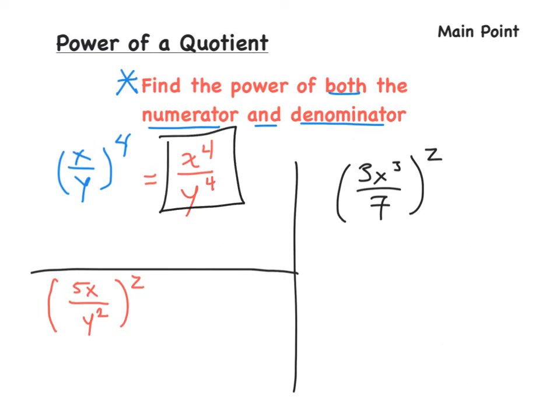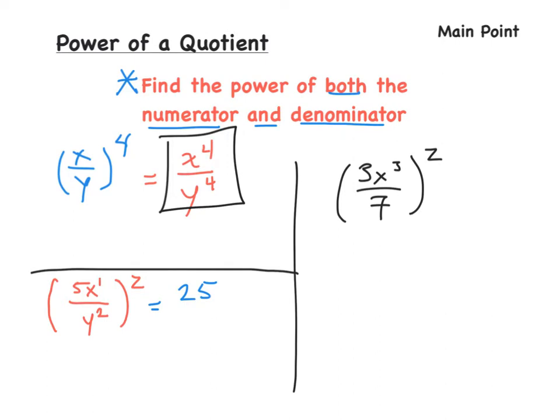Now the second one looks like we have a little bit more. If we have 5 to the 2nd power, we are going to solve 5 to the 2nd power. That means, what is 5 times 5? That would be 25. And this is x to the 1st, remember that.